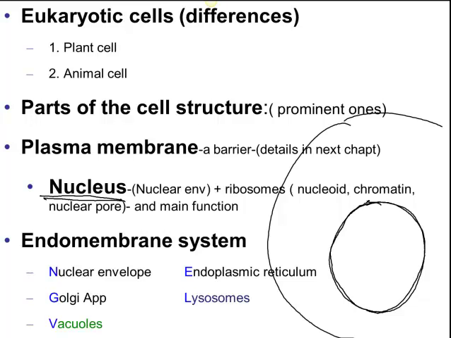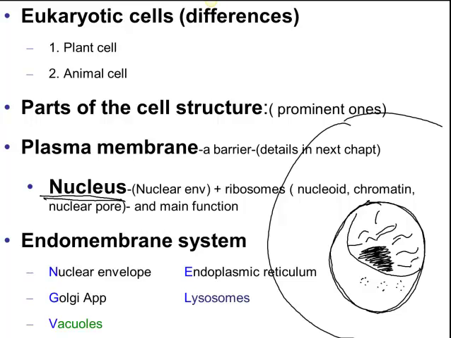If I cut through it to give you a 3D effect, these are the nuclear pore-like openings present on the nuclear envelope, and inside you have a core of DNA which is very tightly bound, and the outside part of it is loosely bound.